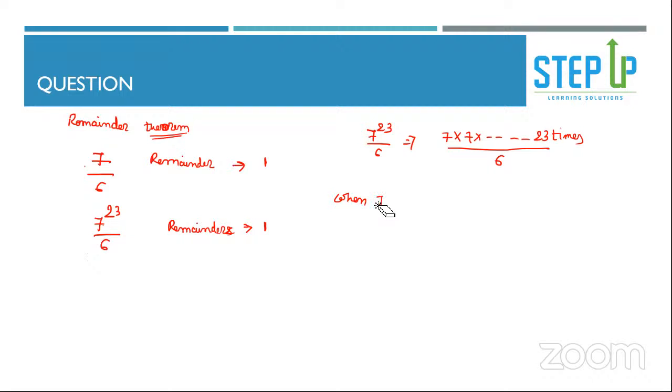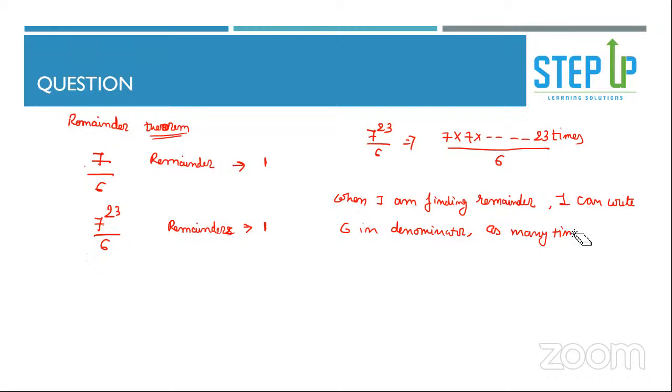When I am finding the remainder, I can write 6 in the denominator as many times as I want.